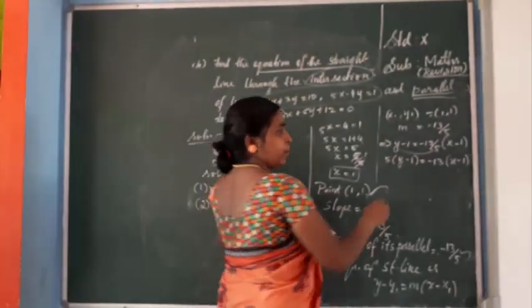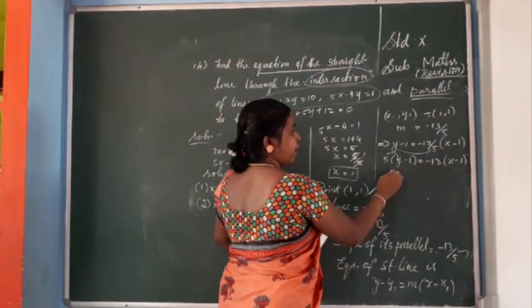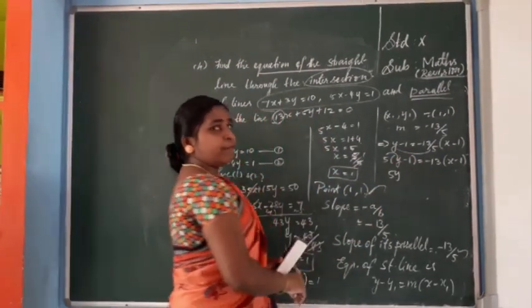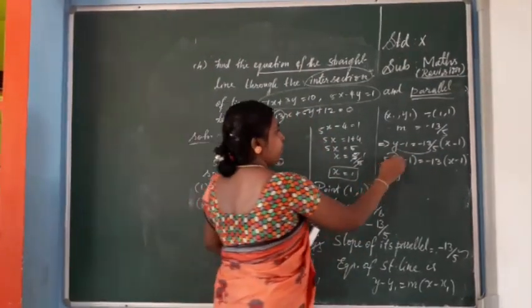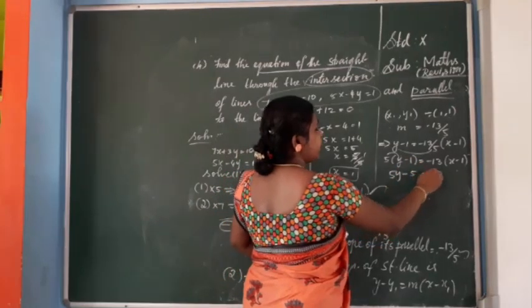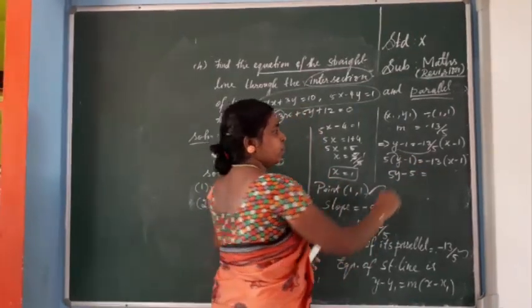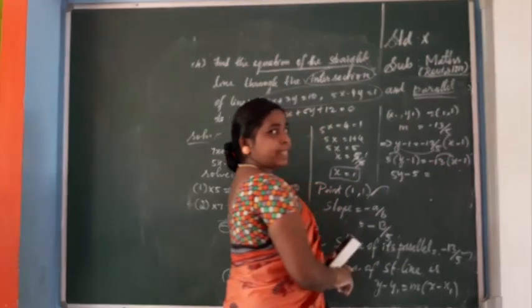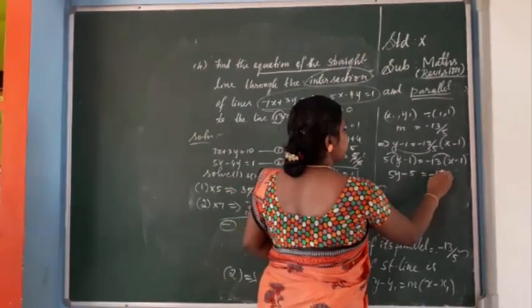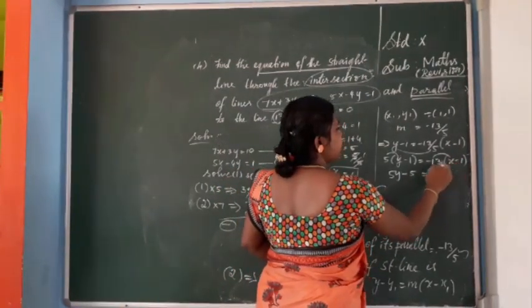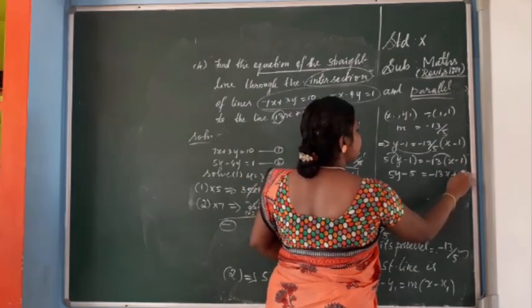Next step, 5 into y is 5y, 5 into minus 1 is minus 5, equal to minus 13x, and minus into minus, plus 13 into 1 is plus 13.